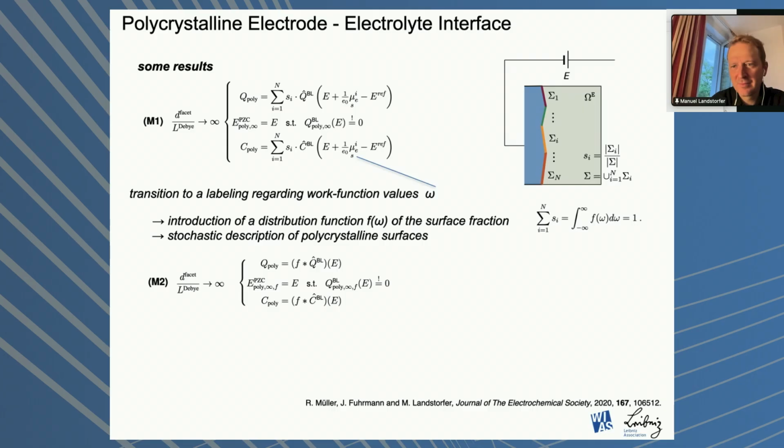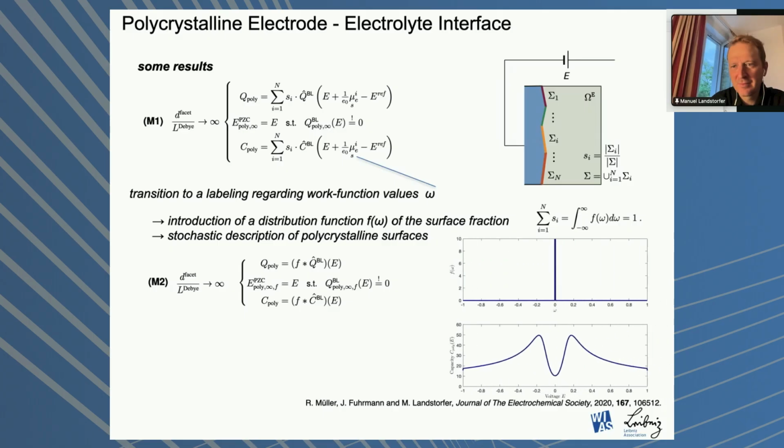And there we can really prove that you, in the end, obtain this nice convolution equation for the differential capacity of a polycrystalline surface. So it's the distribution function f(omega) of surface facets with respect to work function, convolved with the boundary layer capacity of a single crystal electrode.